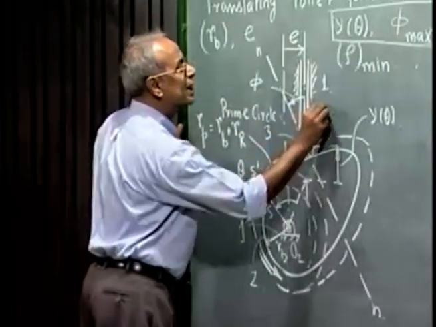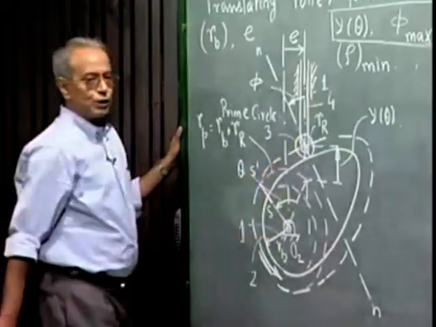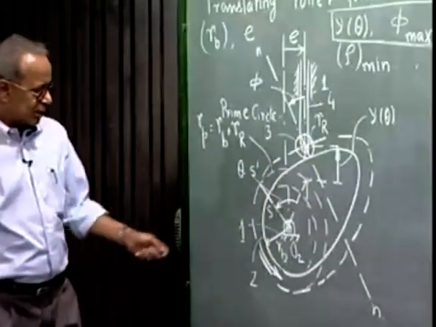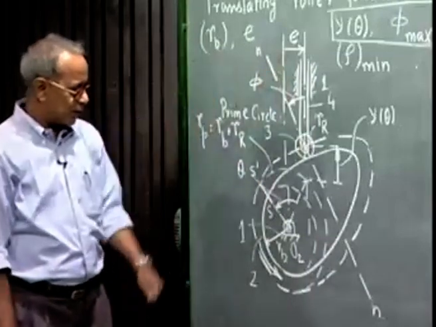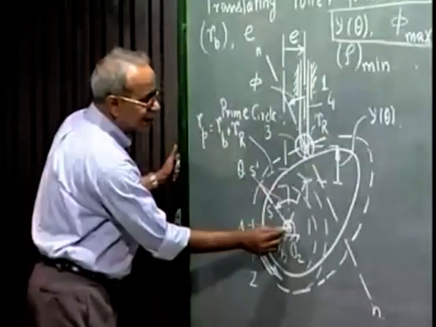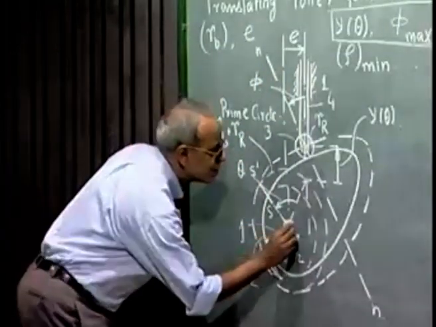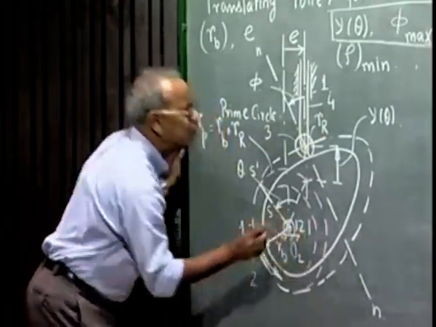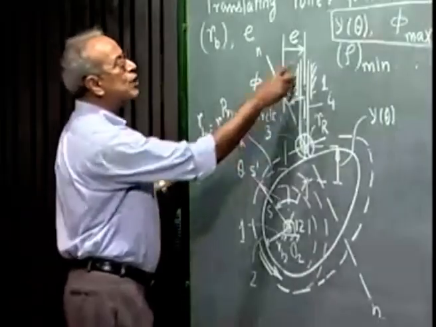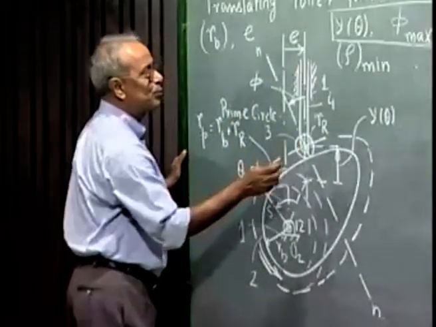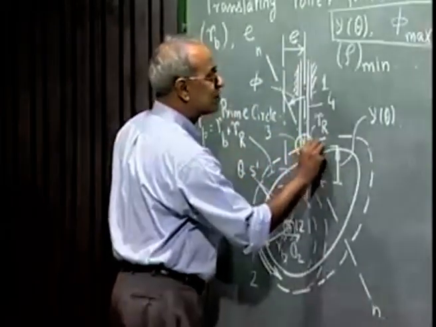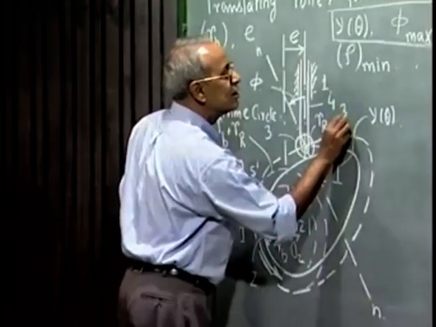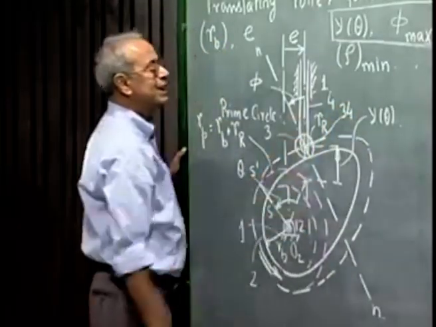And the follower is 4. So it is a 4-link mechanism. Between 1 and 2, there is a revolute pair at O2, so this is also the relative instantaneous center 1, 2. 3 and 4 are connected by a revolute pair here at this roller center, so this is also the relative instantaneous center 3, 4.